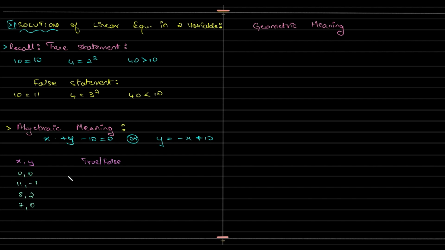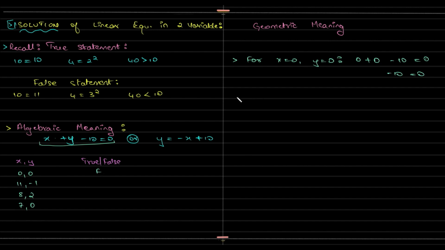So let's go with 0 comma 0. I'm going to substitute it over here. For x is equal to 0, y is equal to 0, the equation becomes 0 plus 0 minus 10 equal to 0. This is a false statement.